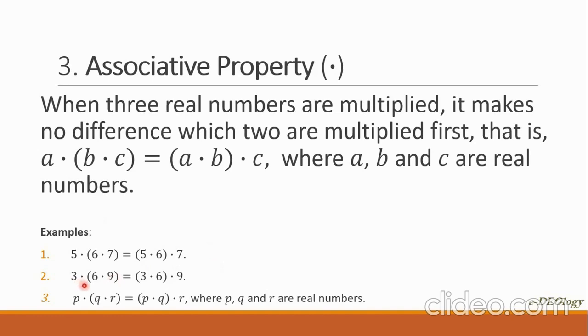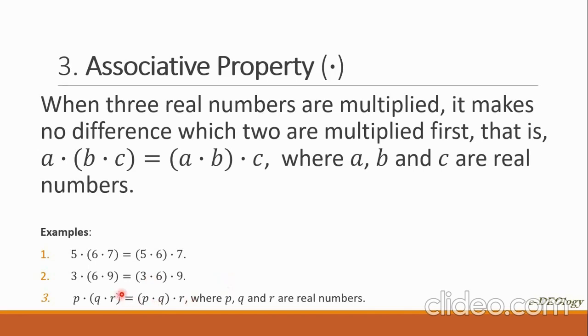Next example is number 2 example. 3 times the group of 6 times 9. This is equal to the group of 3 times 6. Afterwards, we multiply to the 9. The third example is there are letters that represent numbers.